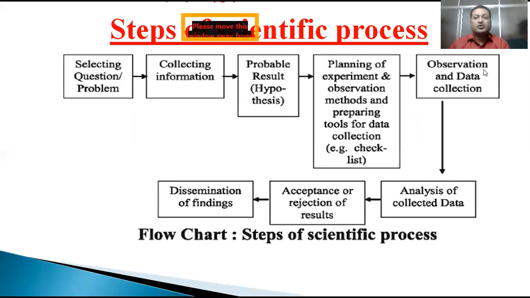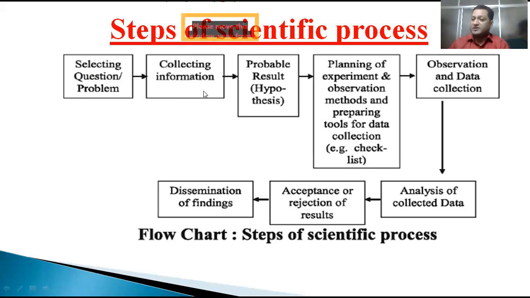I already told you, if anybody wants to do any scientific research, they have to follow some steps. What are the steps? First of all, selecting a question or problem. You have to think about a problem or select a question.